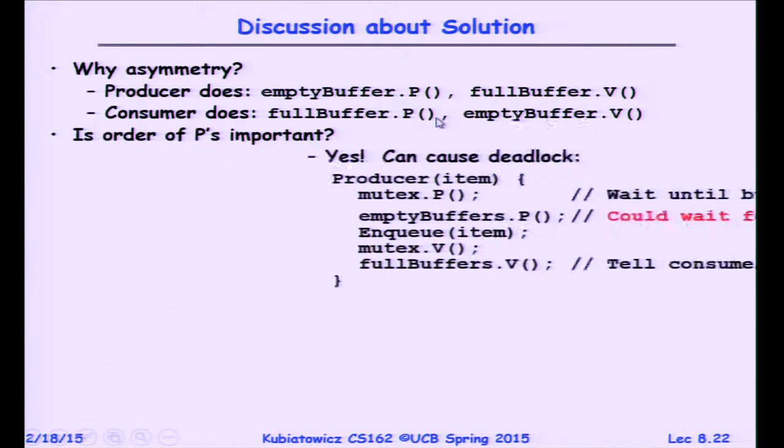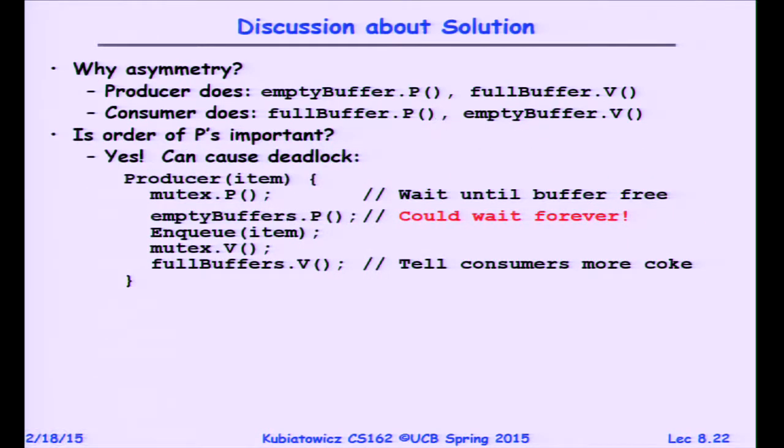Now, the interesting thing is this order of P's, okay? And the answer to your question is yes, it matters. Okay, and if you look carefully here, what would happen if we did it this way? Mutex.P followed by empty buffers.P. Okay, does everybody see why that could deadlock? The problem is, gee, we got lucky and grabbed the mutex, and then we tried empty buffers.P, but that basically put us to sleep because there's no space in the machine.